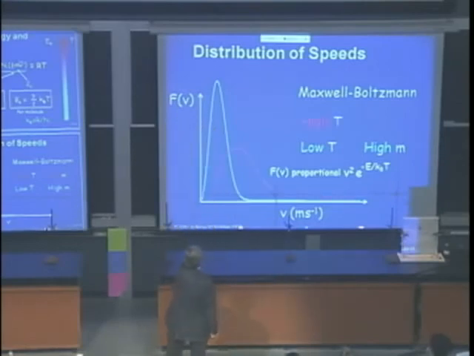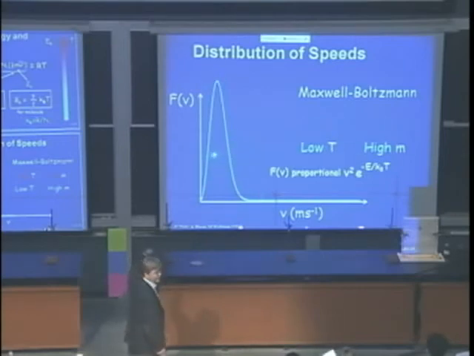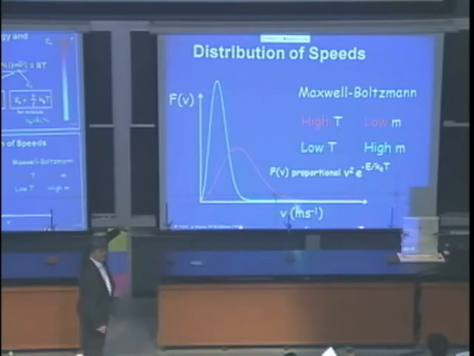So this would be a low temperature situation, or we have a high mass here. Now we compare this with the higher temperature situation. You see the distribution of speed goes more towards higher speeds. The maximum is now here compared to here, so the distribution goes to higher speeds.